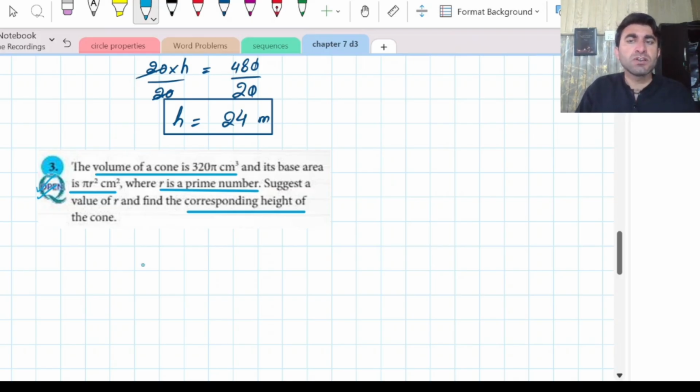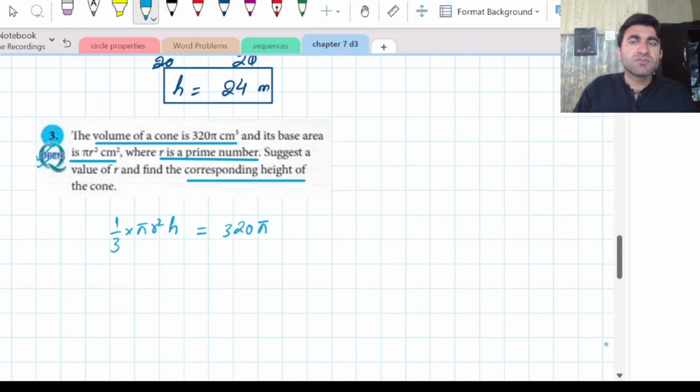As the volume is given, we will start with the volume. We know the volume of a cone is 1 upon 3 times base area, and the base area given here is pi r square, multiplied by height, and this equals 320 pi.